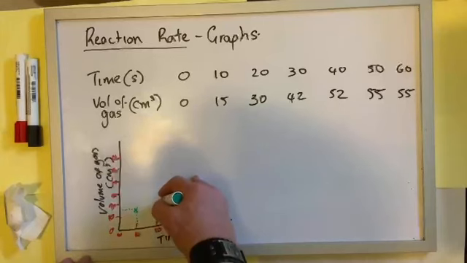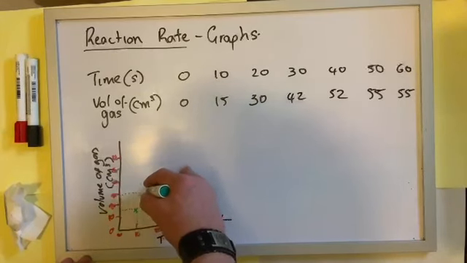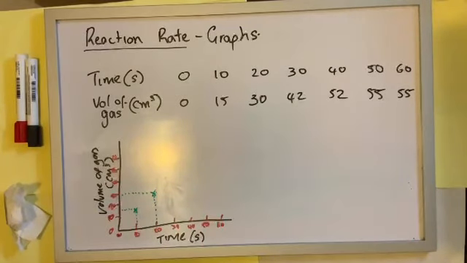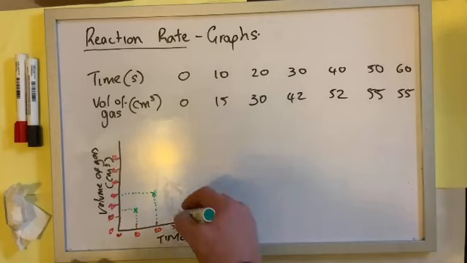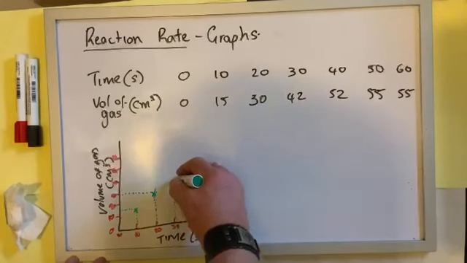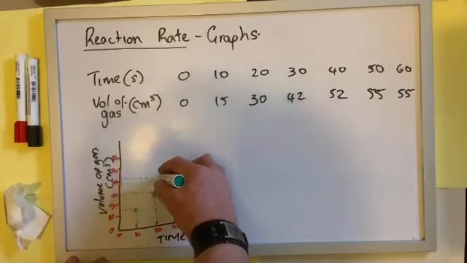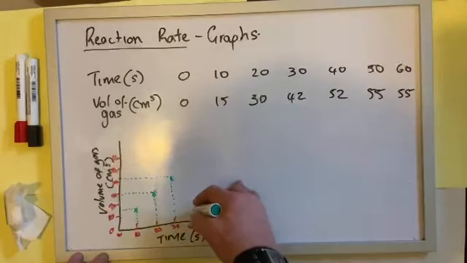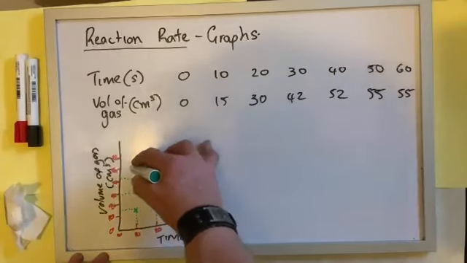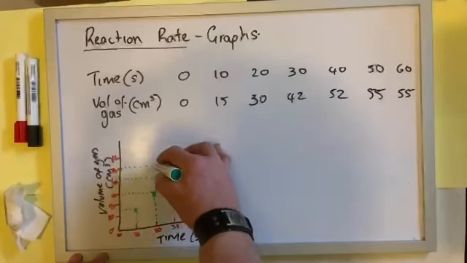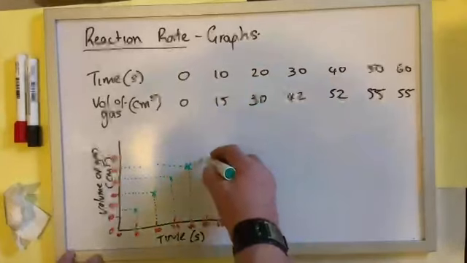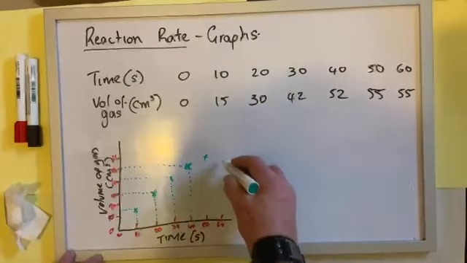So we'd follow the 20 line up till it intersected with the 30. Right, for the 30 line with 42, same idea. For the 40 line it's 52. For the 50 line it's 55. And for the 60 line it's also 55.